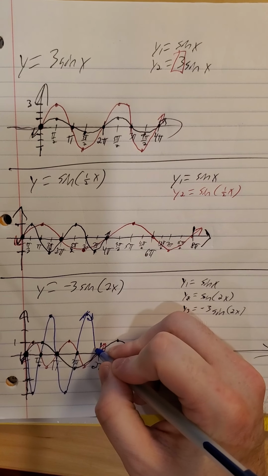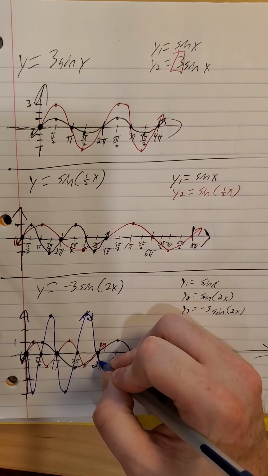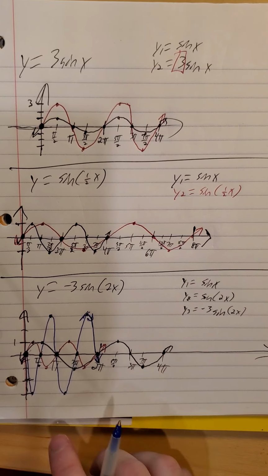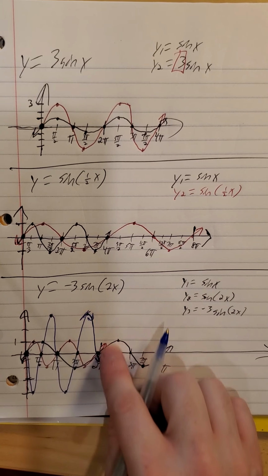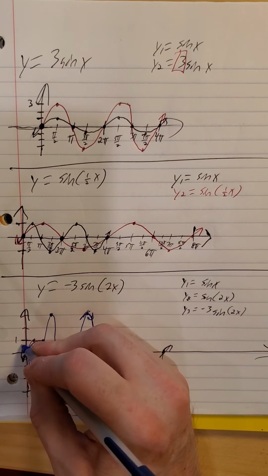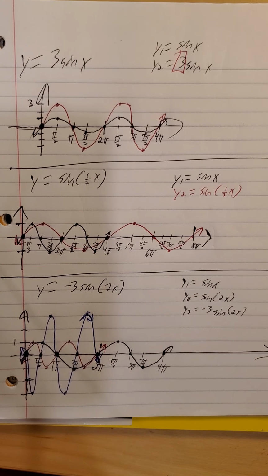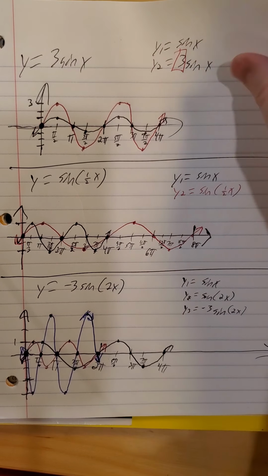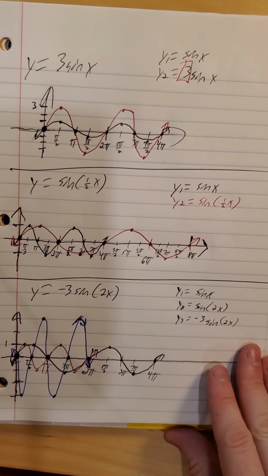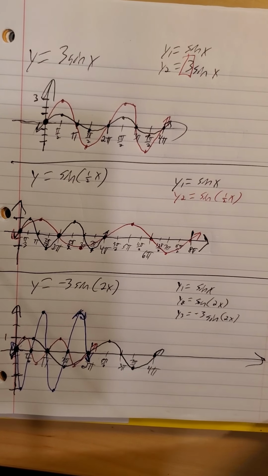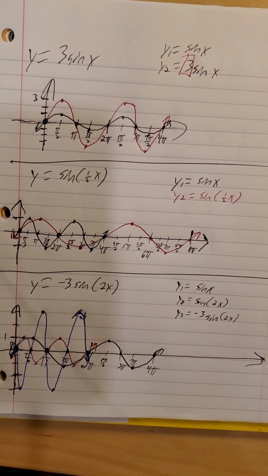We'll come back down to 0 there. Almost forgot my last point there. So there is 2 full cycles of our y is -3 sine of 2x. So just keep track of it, change one thing at a time, and it's the same rules that you had back in your college algebras as far as changing it.